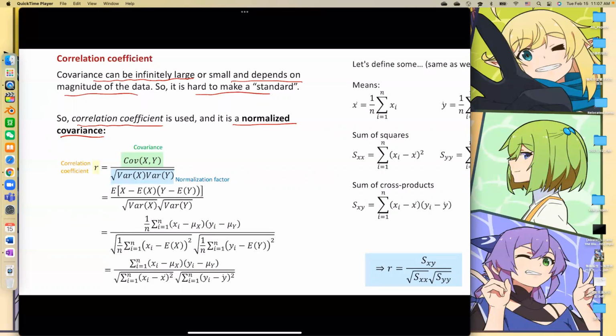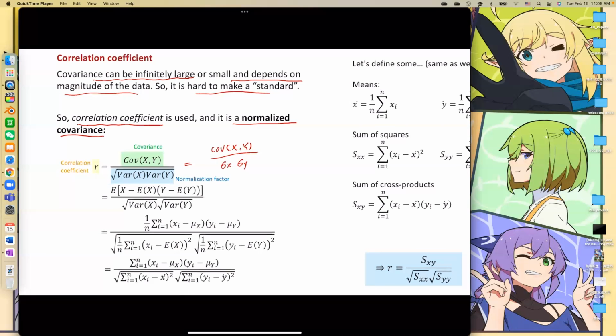This part is a normalization factor, the variance of X and variance of Y. In other words, because the variance is the square of the standard deviation, it also equals the covariance of X and Y divided by the standard deviation of X and the standard deviation of Y. So the product of the standard deviations is the normalization factor.